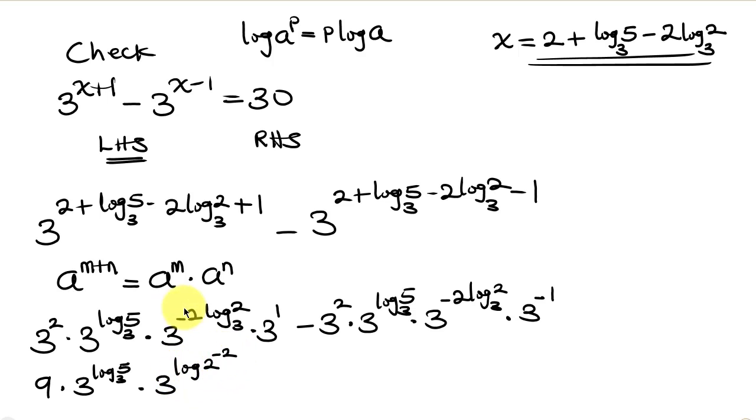You see that this becomes an exponent to this 2 base 3, times 3 to the 1 is 3, minus 3 squared, which is 9, times 3 to the log 5 base 3 times 3 to the log of 2 to the negative 2 base 3, and then times 3 to the negative 1, which is an inverse, which means 1 all over 3.